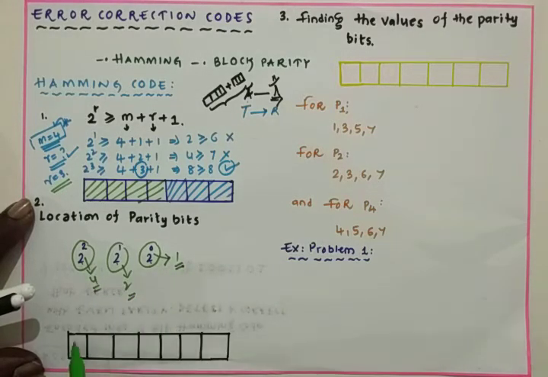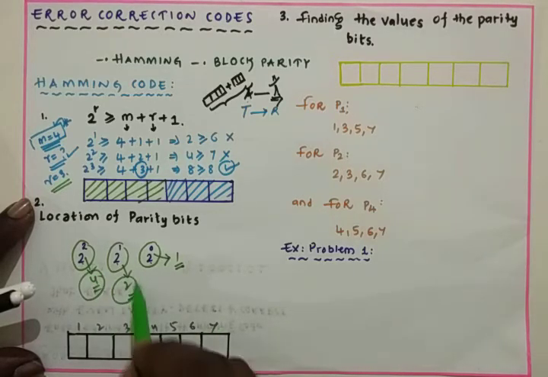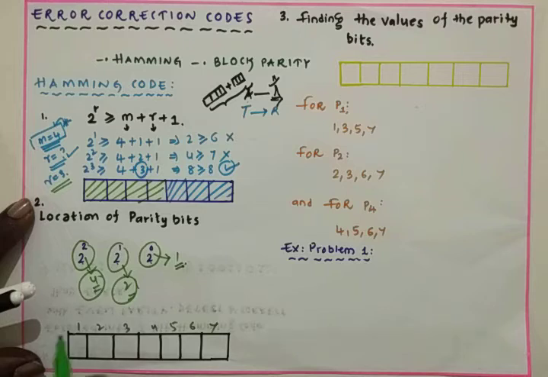So that is 1, 2, 3, 4, 5, 6, 7. 4 data bits and 3 parity bits, 4 plus 3 is 7. So it is 4 bits of data plus 3 bits of parity. The locations of the 3 parity bits are 1, 2, 4. Position 1 is parity bit 1.